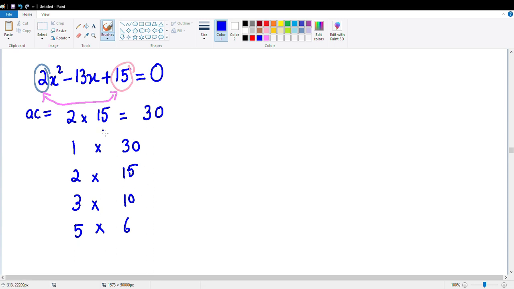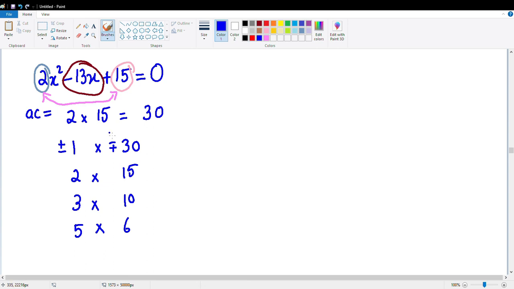Let's split this bx term. Let's circle this. We have to split this whole thing into 2 terms, and let's see which 2 terms they'll be.